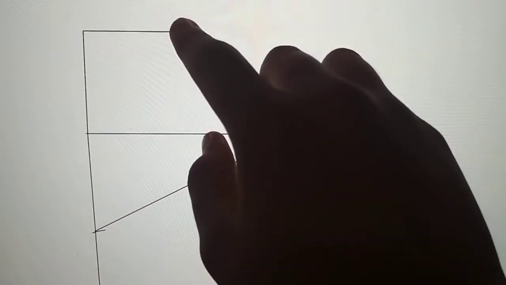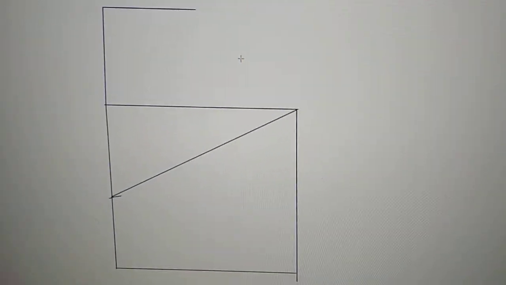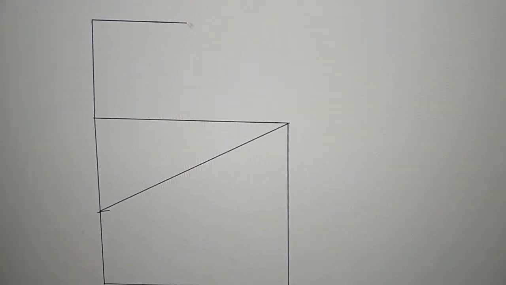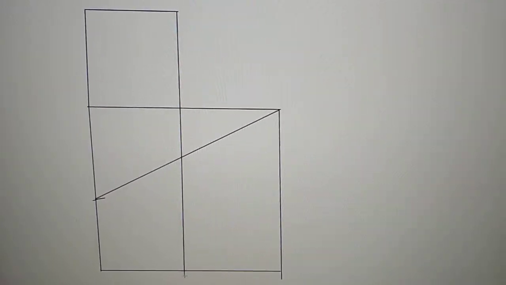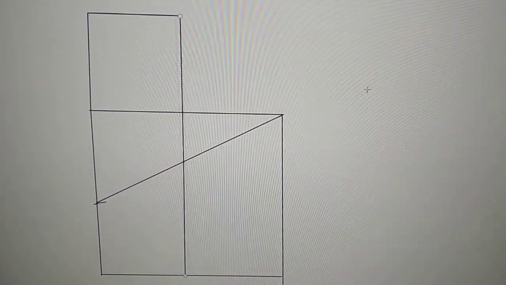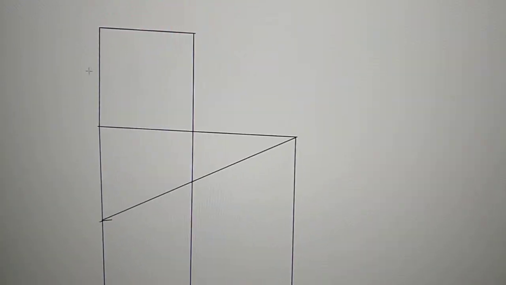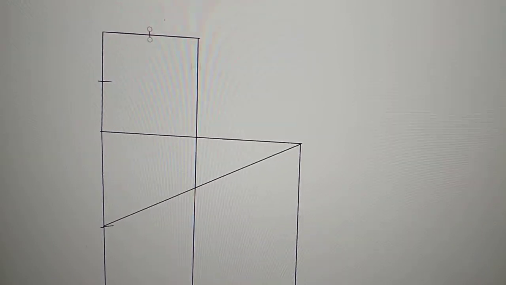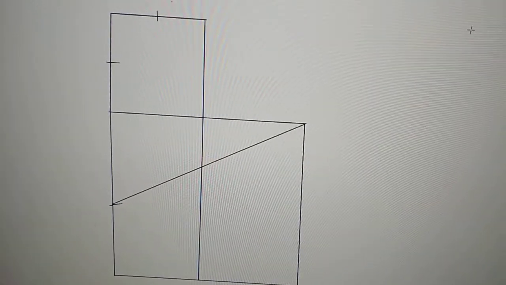Now from this point we're going to construct a parallel straight line to this straight line. We construct it. Now we made this equal to this.